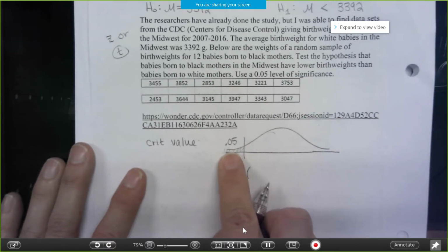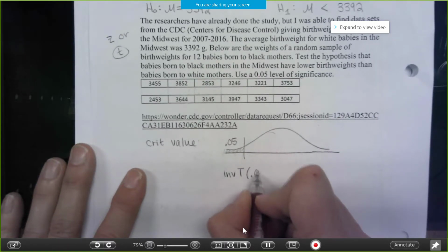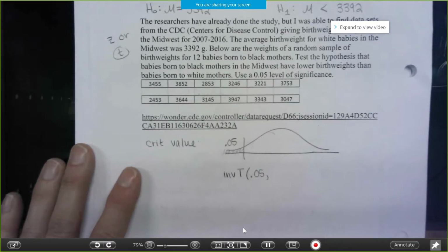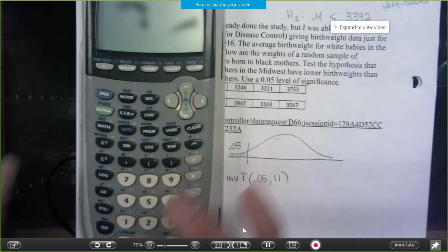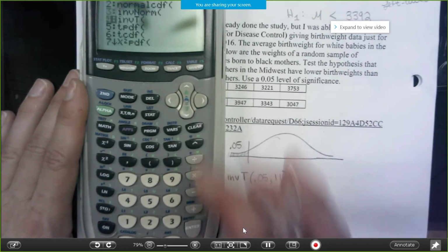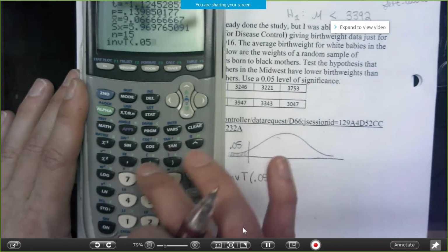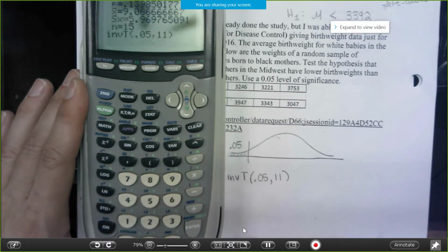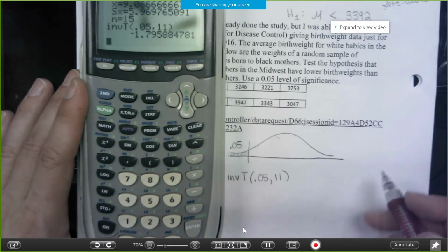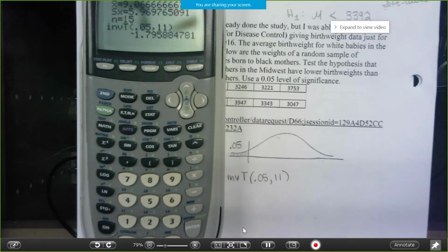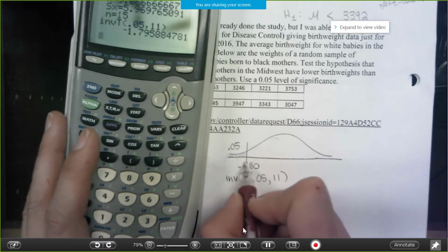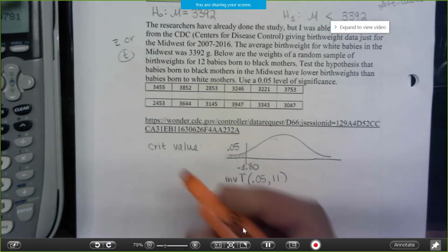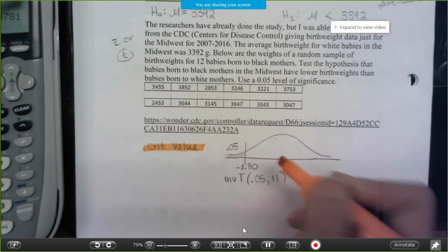This is already area to the left, so it'd be 0.05, and then degrees of freedom, 11. So negative 1.807. So this is your critical value. If I asked you to find the critical value, this is it.